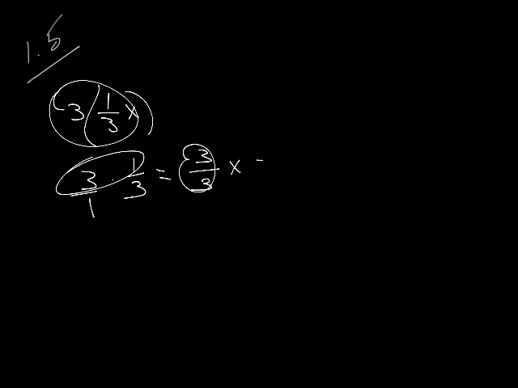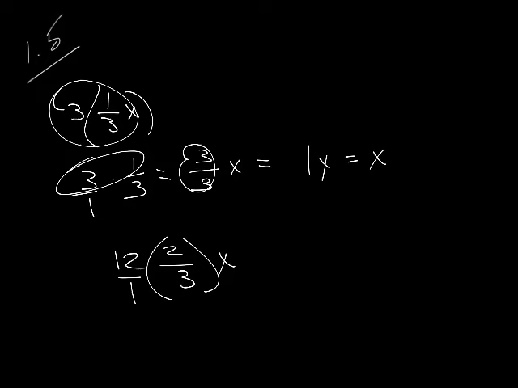Any number over itself is 1, so you just get x. Same is true when you have 12 times 2/3 x. That's the same as 12 over 1. You multiply the numbers, 24 over 3 x. 24 over 3 reduces, though, to 8, and you get that for an answer.